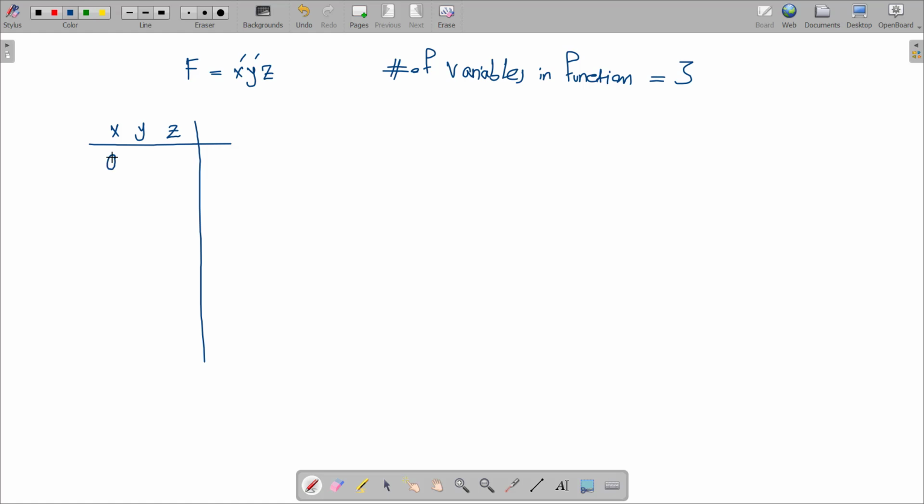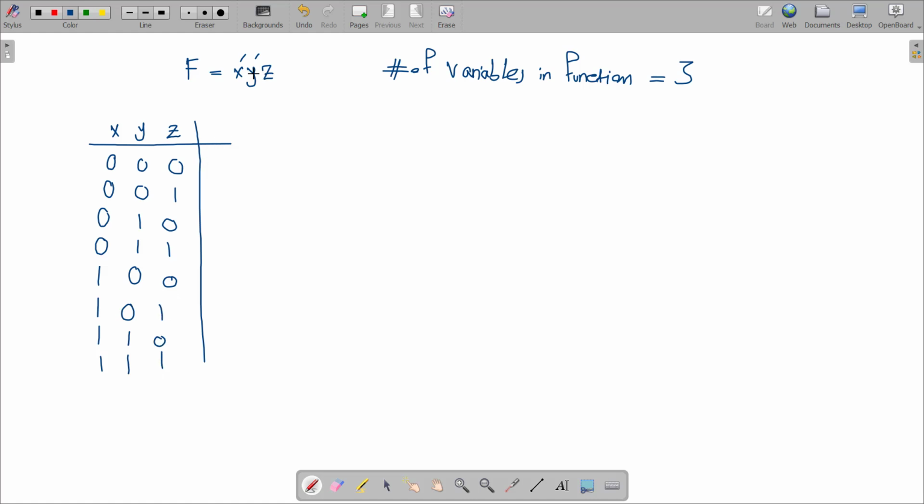So we know that we have 8 possible combinations, which is written in this form: 0, 1, 0, 1, 0, 1, and 0, 1.